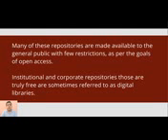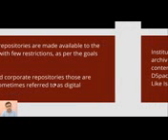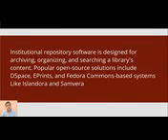Many of these repositories are made available to the general public with few restrictions as per the goal of open access. Institutional and corporate repositories that are truly free are sometimes referred to as digital libraries. Institutional repository software is designed for archiving, organizing, and searching a library's content that we have already discussed. Some famous open source solutions include DSpace, EPrints, and Fedora Commons based systems like Islandora and Samvera.